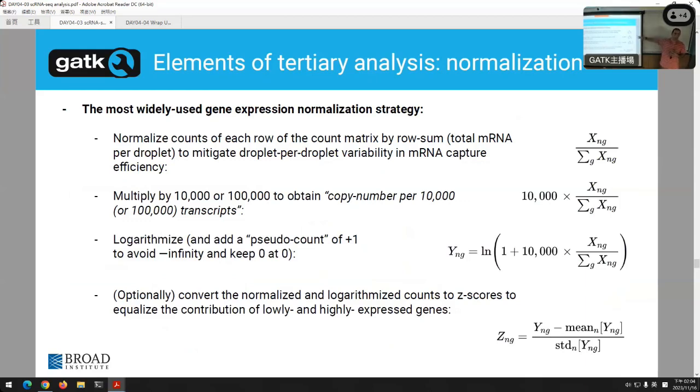So there's a lot of normalization that happens here, and I don't necessarily want to go through all of it. The most important piece at a high level is you first put things in log scale. That's important because when something is expressed at 10,000 reads and another at 100 reads, that's a lot in non-log scale, but on log scale, there's a difference of 2. So you can visualize that very easily.